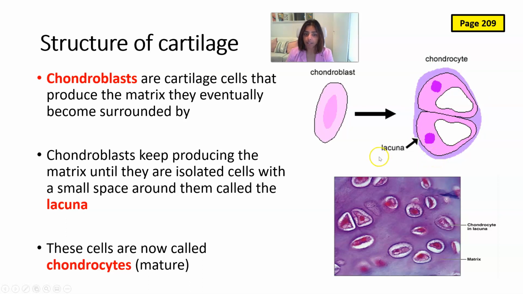Chondroblasts keep producing the matrix until you have cells that are isolated within it, and the space where the cells are isolated is called a lacuna. Now, the mature cartilage cells are no longer chondroblasts, they are known as chondrocytes. So in this cartoon image, we can see that quite clearly. And down here, we can see that background matrix, and we can see the chondrocyte sitting in the space, or the lacuna.